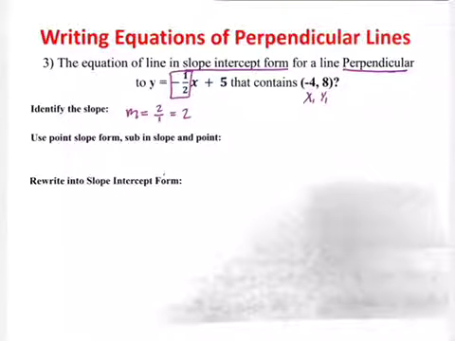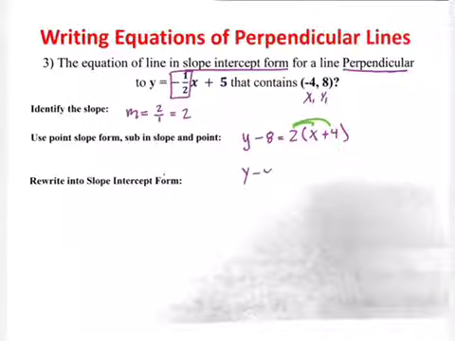Then we're going to fill in our values for point slope form. So we've got y minus y1, which would be 8, equals the slope 2 times x minus x1. So x minus a negative 4 would be like plus 4. And now we just want to change this into slope intercept form. So we're going to distribute our slope.